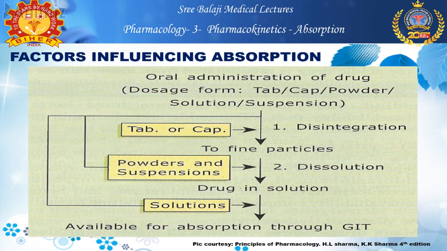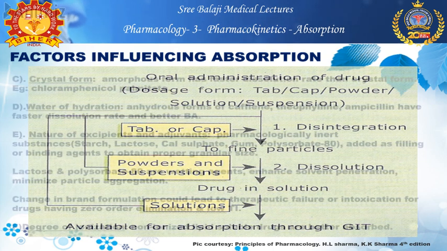These fine particles will undergo dissolution in water, that is, form the drug in solution. From that only it will be absorbed in the GIT. So tablets or capsules will follow all these steps, and powders and suspensions will follow dissolution. If any form of drug is given in solution, it will be absorbed through the GIT directly.